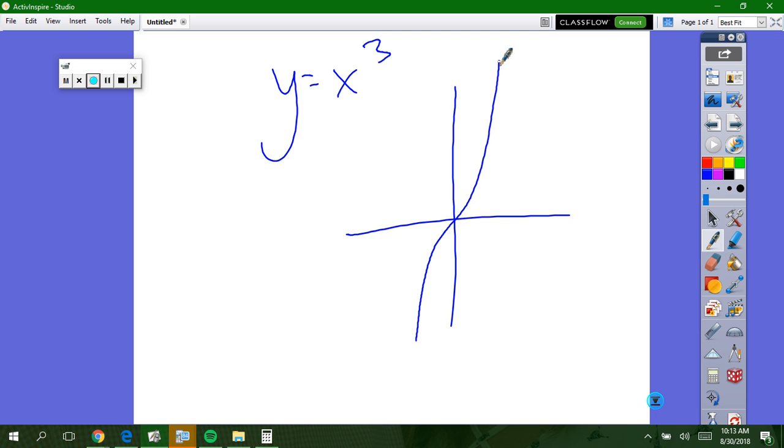It's growing really quickly, isn't it? -3 is -27. 3 is 27, and so forth, right? What is the value that makes that equation 0? 0, right? And notice on our graph, it's crossing our x-axis at 0, isn't it?